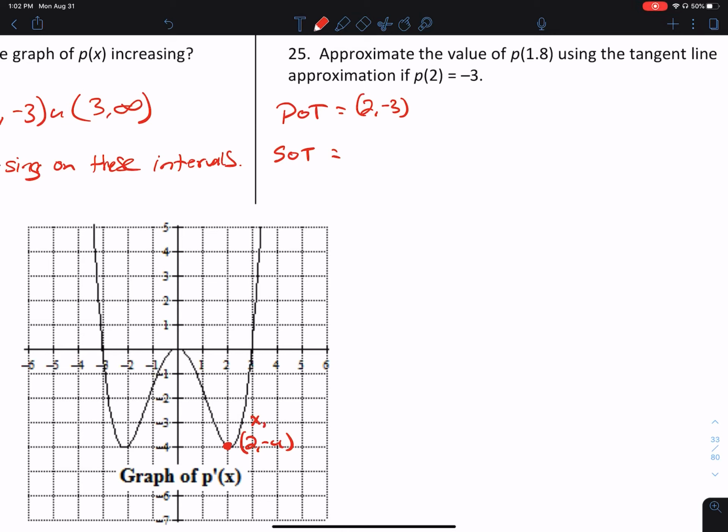This is x, and this is p prime of x, which means at this x value, this is the slope that we're supposed to use. So p prime of 2 is equal to negative 4. Just going to make a note. This is from the graph.